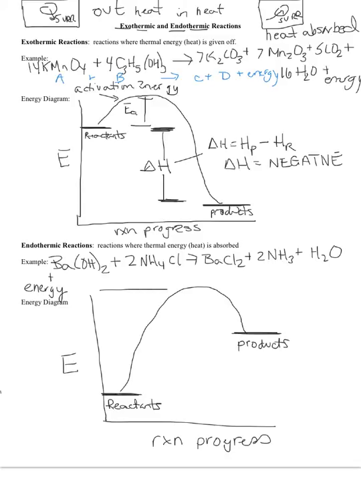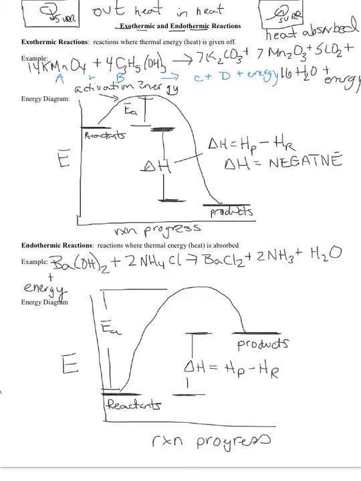Some things they have in common: they still have activation energy. We still have energy that's required to get up that hill, to get the reaction to start producing products. And delta H is still found the same way, by taking the heat of the products and subtracting the heat of the reactants.